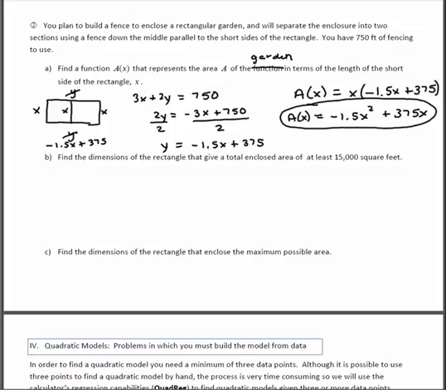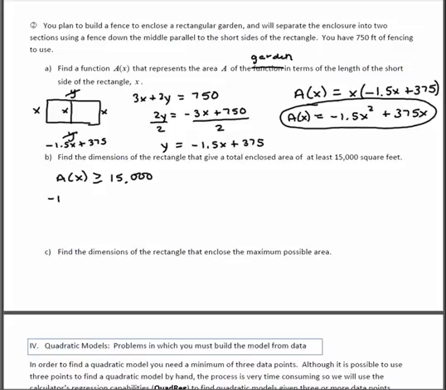The next question says, find the dimensions of the rectangle that give a total enclosed area of at least 15,000 square feet. So I would like that area to be greater than or equal to 15,000. Well, let's see.